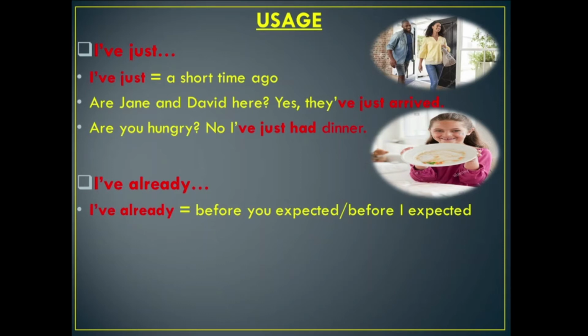So now you are waiting for your friend, and in the morning at 6 o'clock you phone your friend's mother to ask whether your friend has arrived or not, because you're expecting that your friend must have reached by 6 o'clock. At that moment you phoned your friend's mother, and she said, no, your friend has already arrived, which means your friend has arrived before you expected.